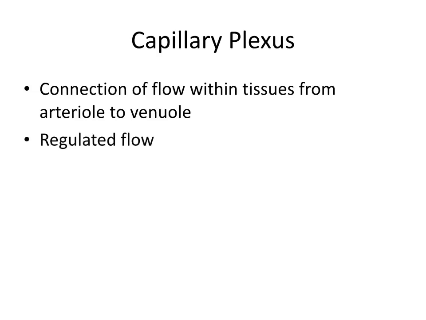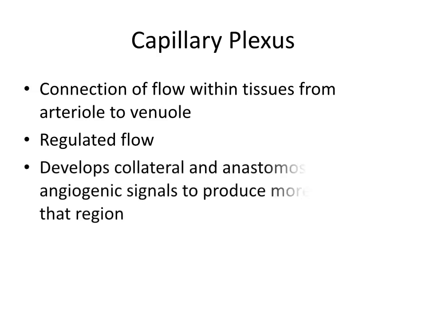It allows for and regulates flow in and out of tissues, and the regulated flow develops the collateralization and anastomization of the blood vessels based off of what's usually referred to as angiogenic signals, meaning that we're going to form new blood vessels in regions where we need to increase blood flow, and we're going to decrease capillaries in regions where we diminish blood flow.